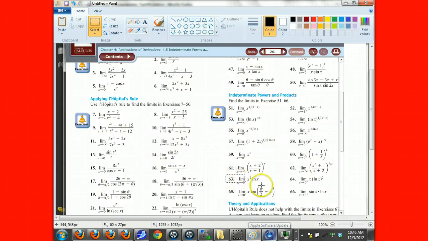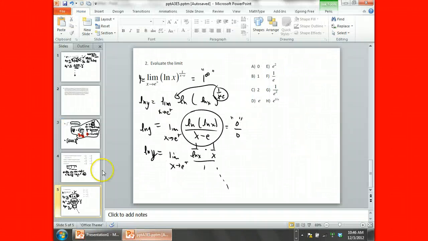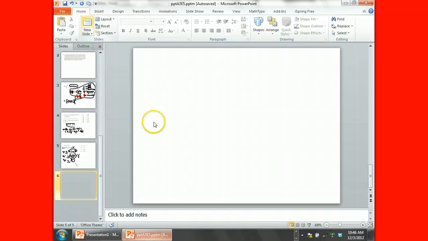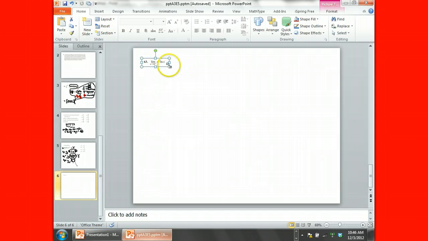X squared is going towards 0 as x goes towards 0, but natural log of x is diving off towards negative infinity. And so we have these two competing against each other, and that becomes an indeterminate product. 0 times negative infinity is not necessarily 0 or negative infinity. This is an indeterminate product.